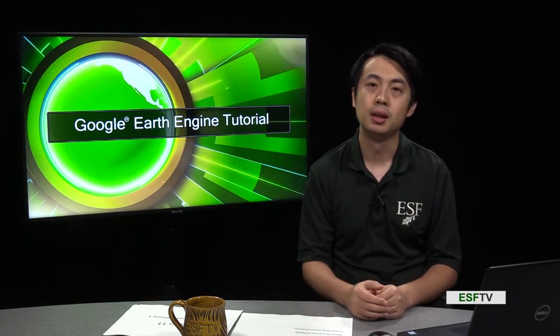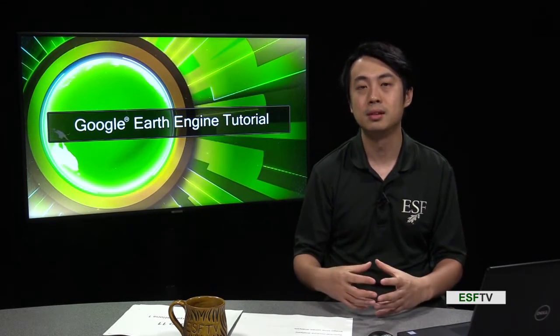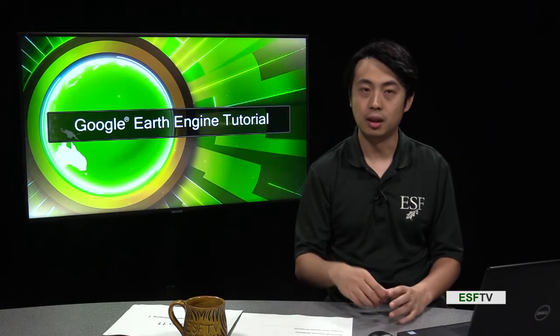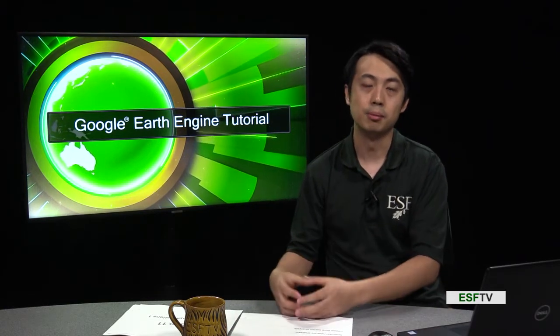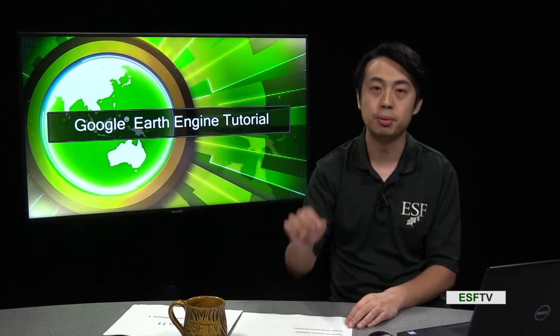For example, if we're looking at an image that has a lot of water inside of it, and we pick one pixel out, we can use spectral mixture analysis to see how much percentage of water is inside of that pixel.